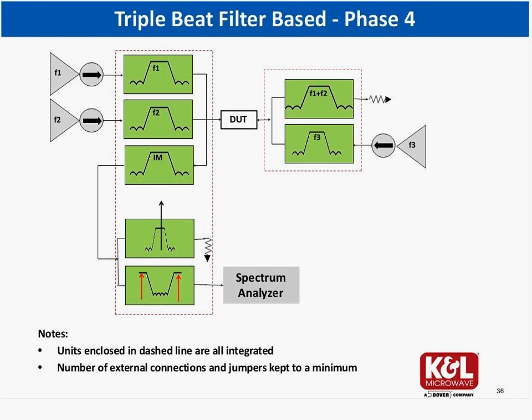Does the match at the BPF BRF at the F1 plus F2 affect the IP3 measurement? Yes, indeed. Every time the match, and by match I mean VSWR wise. If somebody means something else, I'd like to know, but for me, match means VSWR. There are two ways to manufacture that diplexer.